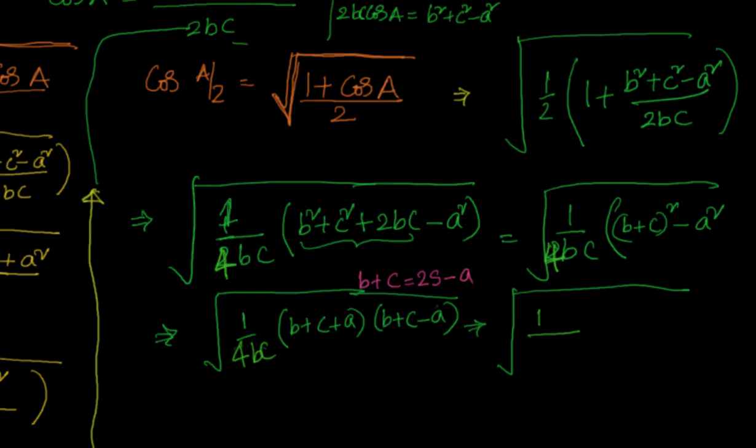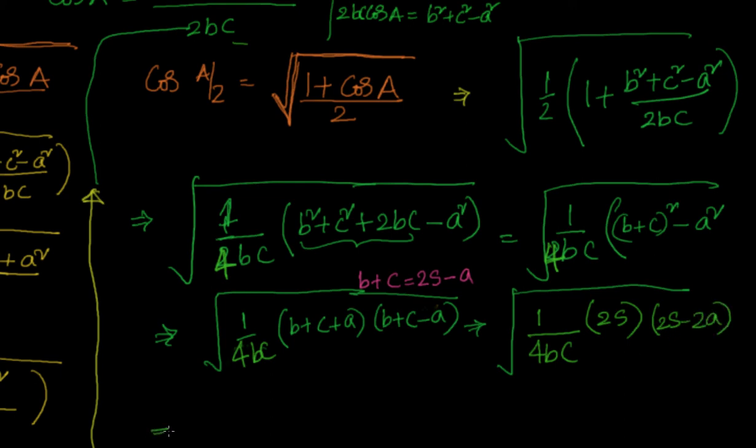Now, what is A plus B plus C? 2S. And what is B plus C minus A? 2S minus A. That means it will become 2S minus 2A.